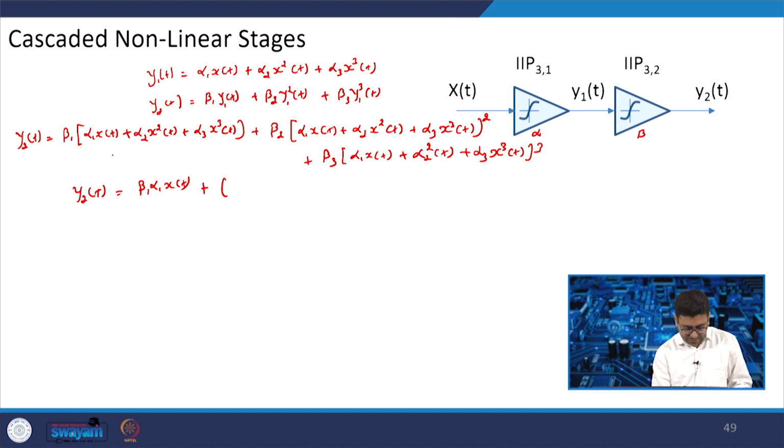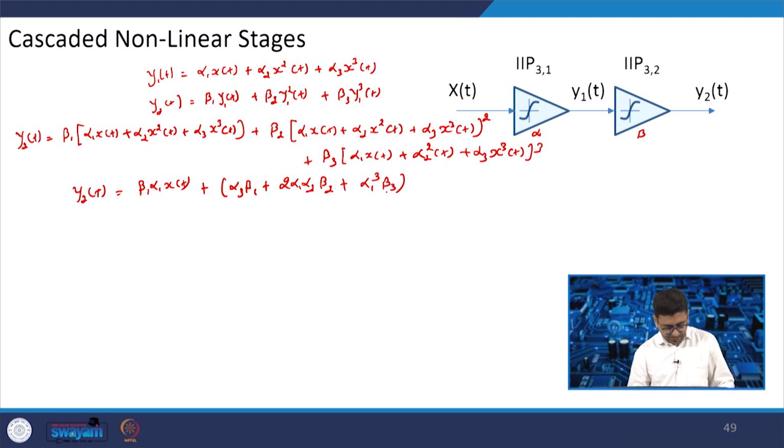Then, when two are multiplied, you will get 2 alpha 1 alpha 2 beta 2, plus alpha 1 cube beta 3, that is x cube t.